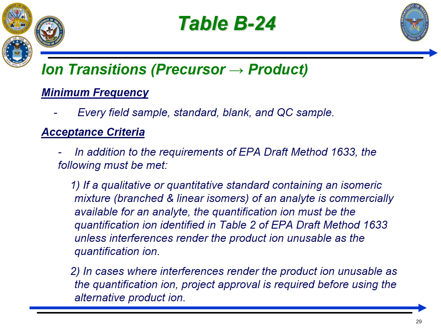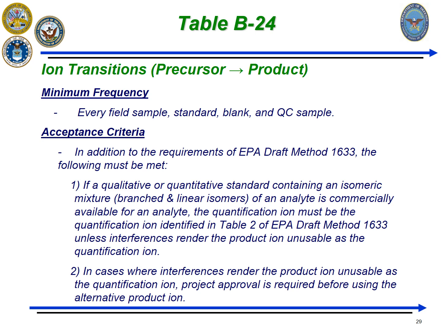So the reason for this, what we're saying is all of those analytes that you have branched and linear isomers for, be it quantitative or qualitative, there's only a handful of them, but we require you to use the ion transition, the quantification ion transition identified in Table 2 of the method.